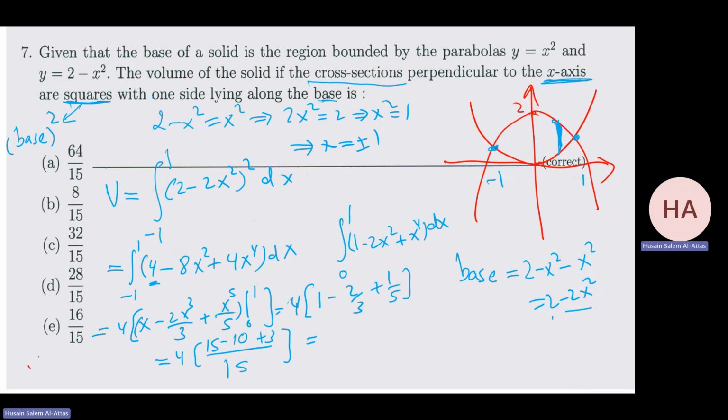So this is 4, which is the common factor, 2 because of the even function. So that will be 8. So there's a 2 missing. This will be 8. So that will be 64 over 15, which is this one.